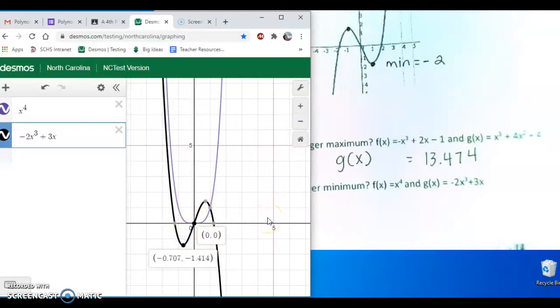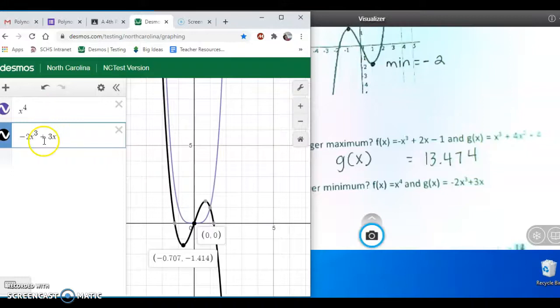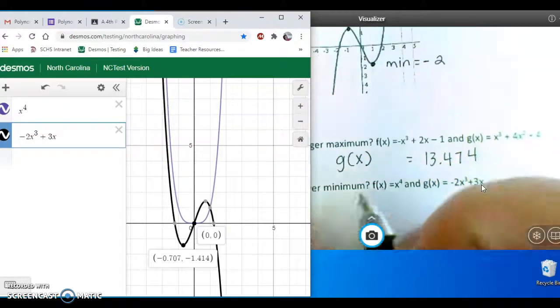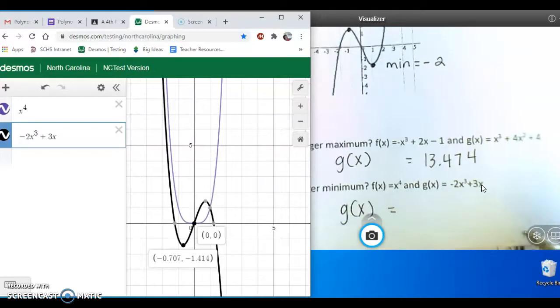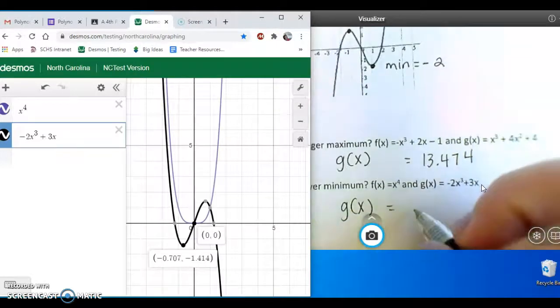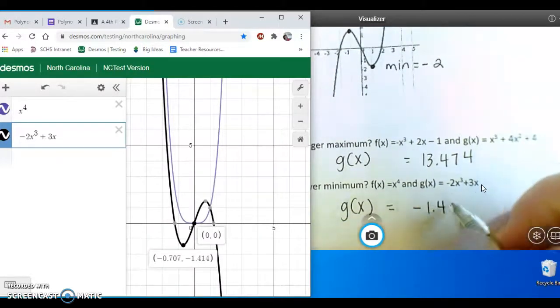And it asks you which one has a lower minimum. So which one of those is lower? The purple or the black? The black one. And the black one is this one, so still g of x. And if it said, what is the lower minimum? It's that y value that we see, which is negative 1.414.